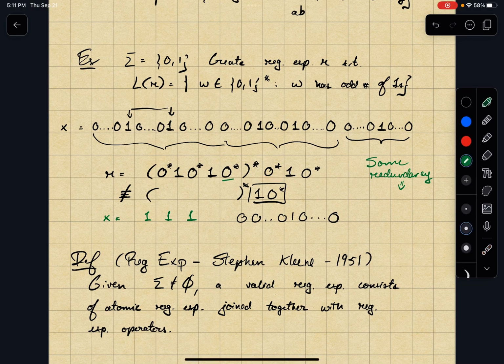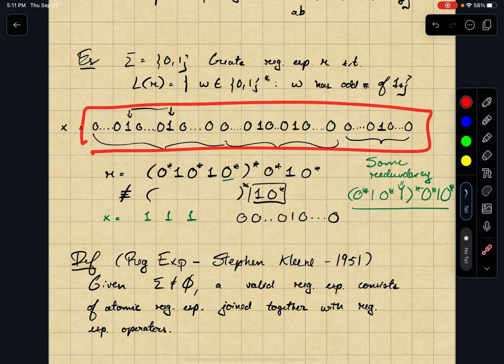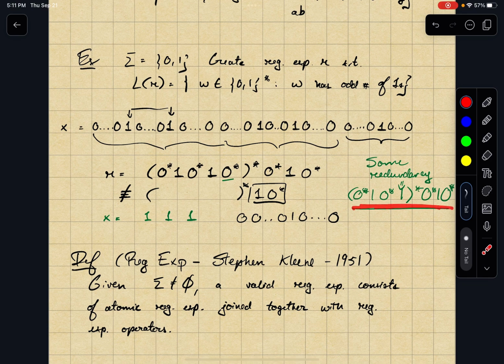And so I could have also written (0* 1 0* 1)* then 0* 1 0*. Okay, so convince yourself that this is equivalent just by looking again at an arbitrary string and seeing that it can also satisfy this type of pattern.